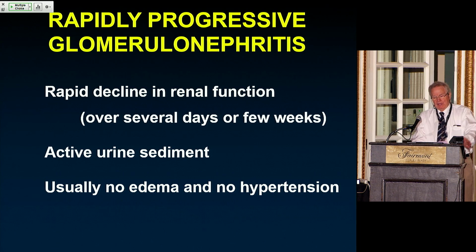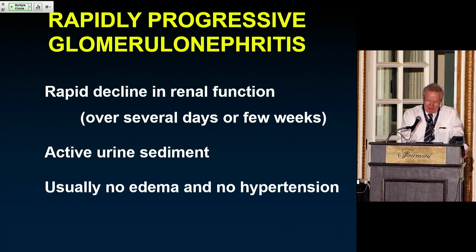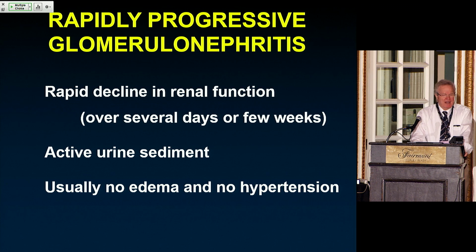Let's move to the rapidly progressive glomerulonephritis. In my opinion, we have a lack of knowledge in this group of diseases, and you will probably see my bias as we go through this. This is characterized by rapid decline in renal function over several days or weeks, usually with a very active sediment, of course, red cell casts.